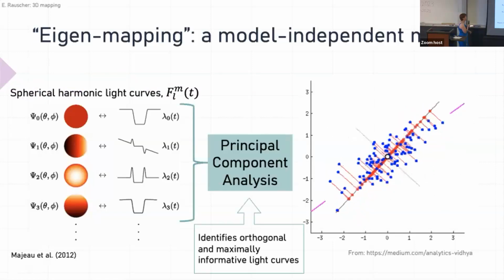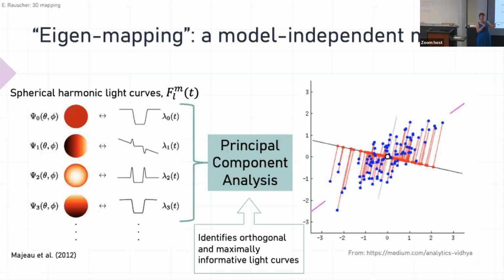You run these spherical harmonic light curves through a principal component analysis, which is just some matrix math that takes any data set and figures out orthogonal dimensions that best describe the spread in that data. Don't worry about it too much if you don't like the math, but if you do, it's really fun.